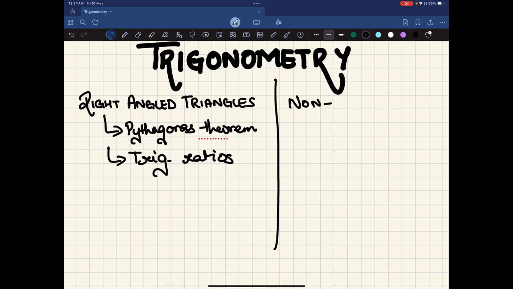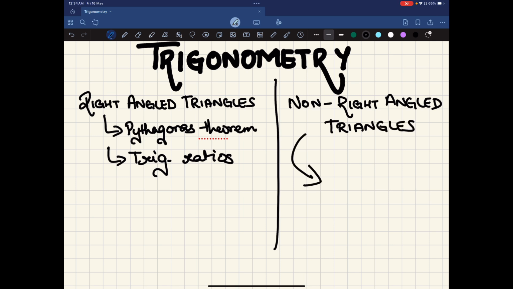explore the sine and cosine rule, which is basically for non-right angled triangles. We're going to discuss when and how to apply sine rule and cosine rule.